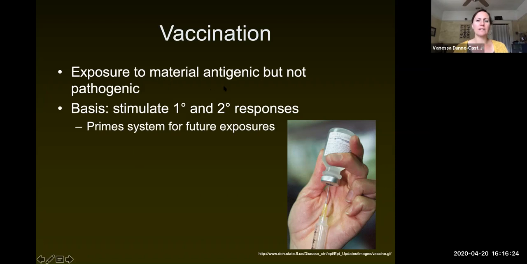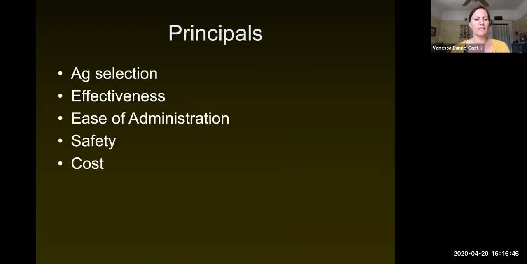Usually what's done here is antigenic materials, so a virus that's been attenuated, which means it's been modified so it's not virulent anymore, or pieces or fragments of a pathogen that are not infectious, but they provide the body the antigen to provide an appropriate response. The challenge, of course, with vaccine production is in antigen selection.